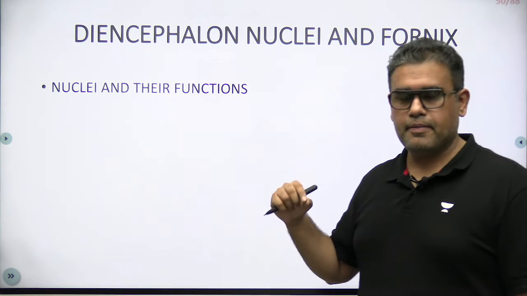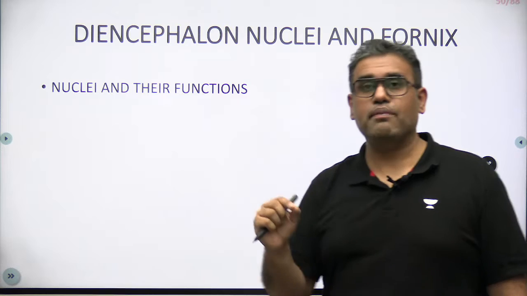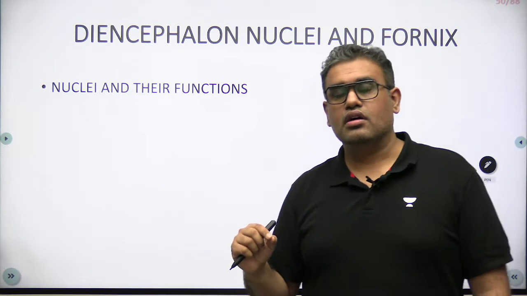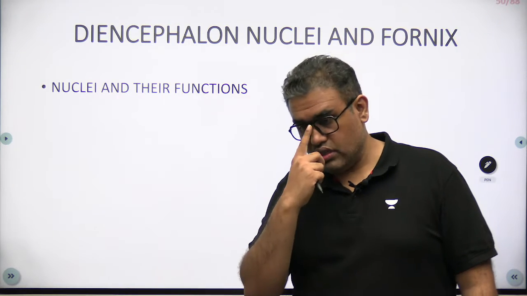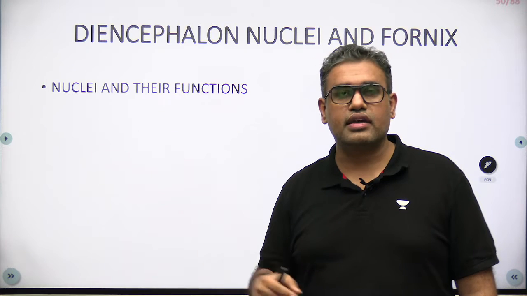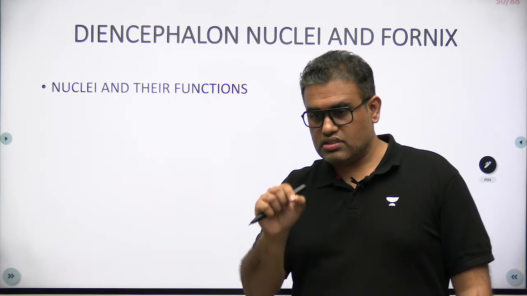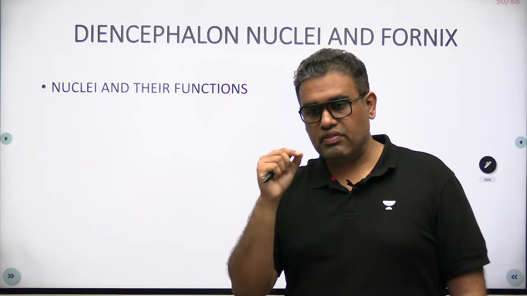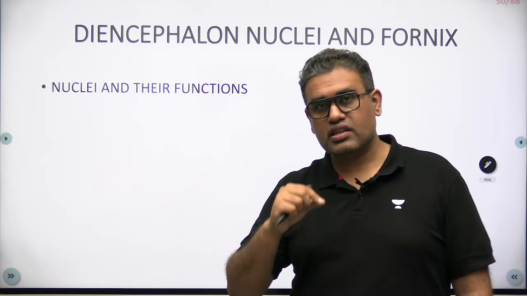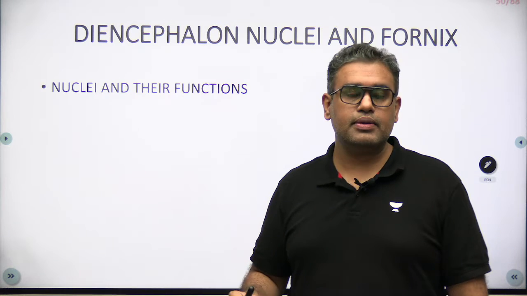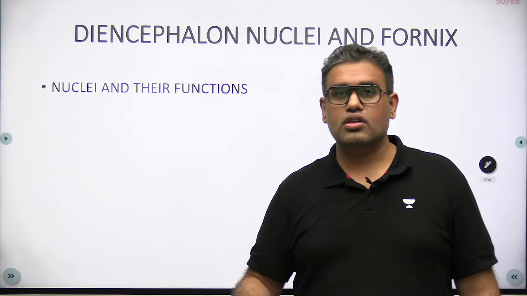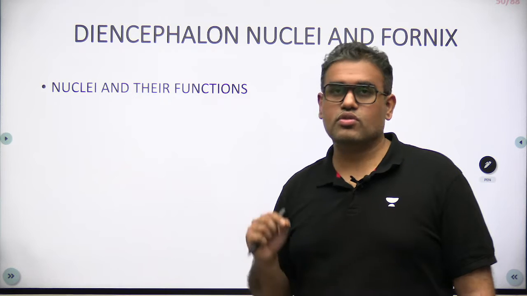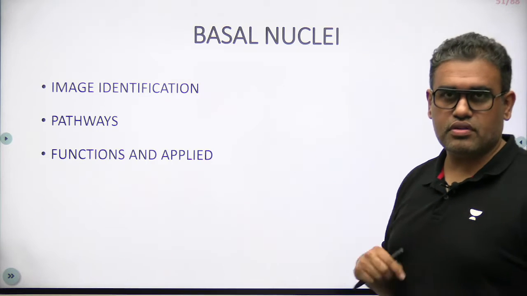I'm not saying you should pinpoint, because that is impossible at this stage, though it should be there in higher studies. Right at MBBS level you are not supposed to pinpoint each nucleus. But if the name is given, you should know what functions it serves and what will happen if it is not functioning properly. That is what you should know, at least in the case of diencephalon, right?